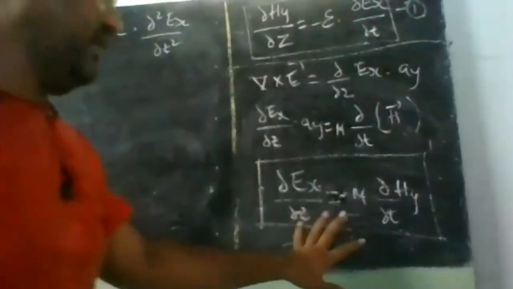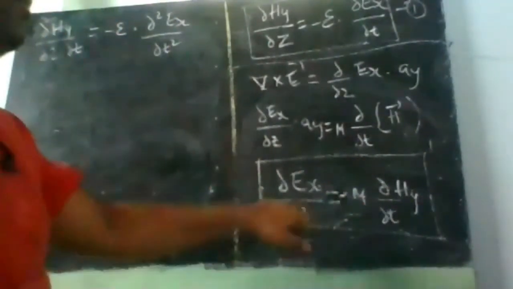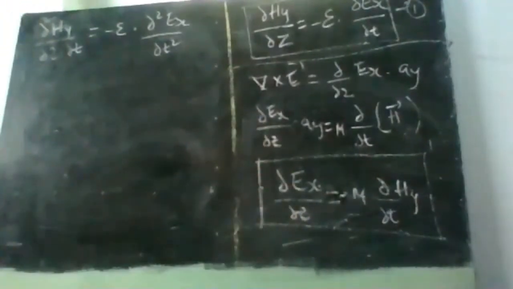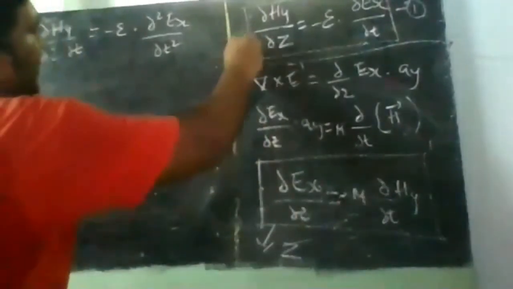Now similarly, take the second expression and differentiate it with respect to z. So this with respect to z, this with respect to t.